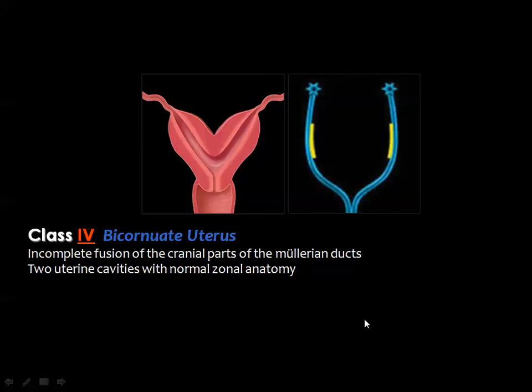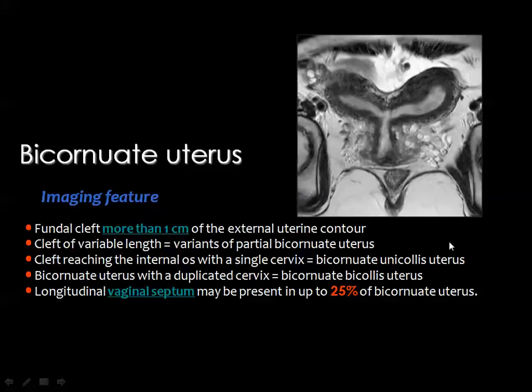In bicornuate uterus, there is some fusion between the bodies of the uterus, and there may be a single cavity at a distance from the fundus, or there may be two separate uterine cavities and two separate cervical canals. And this is the appearance of the bicornuate uterus.